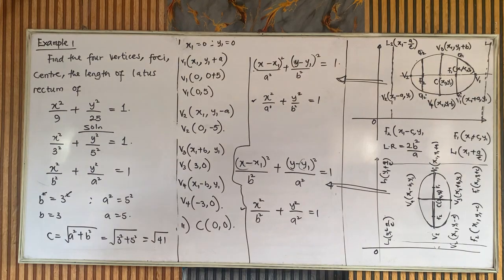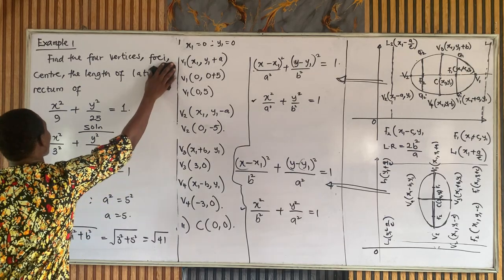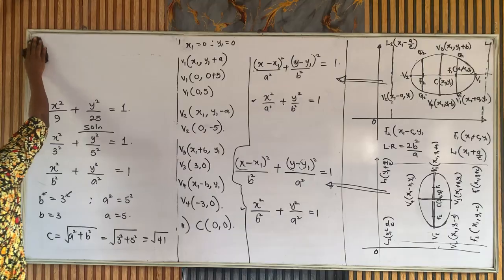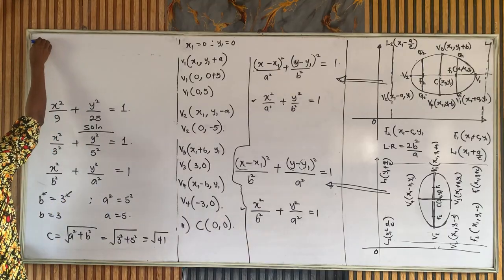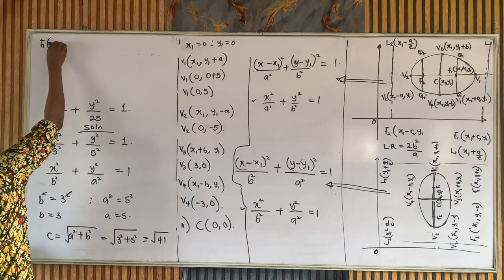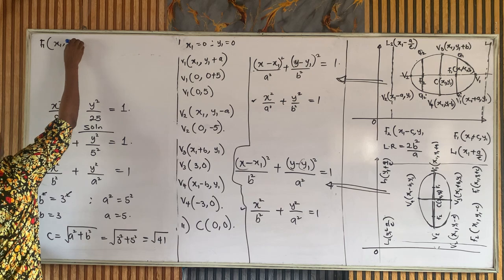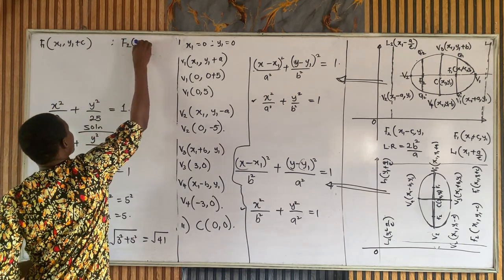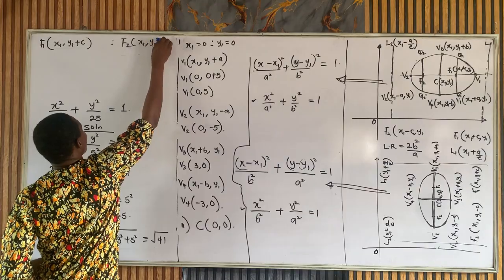Now, the next thing we are looking for here is the foci. I ought to have done the foci before the center, but let me erase this now. Our F1 in this case is x1, comma, y1 plus c. And F2 is x1, comma, y1 minus c.